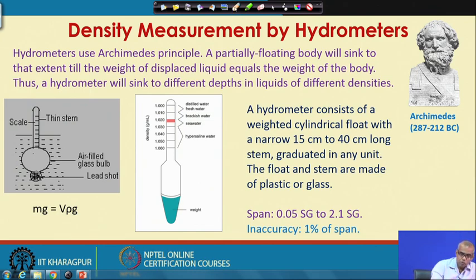So, let me clarify this point one more time. mg represents the mass of the hydrometer, which is fixed. Now, when you dip it into a liquid of density rho, it displaces a volume of liquid, which is V. So, mg has to be equal to V into rho into g.